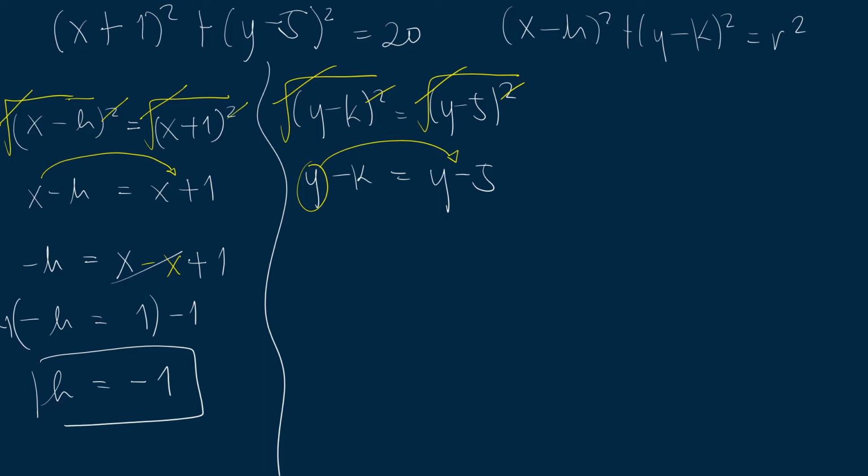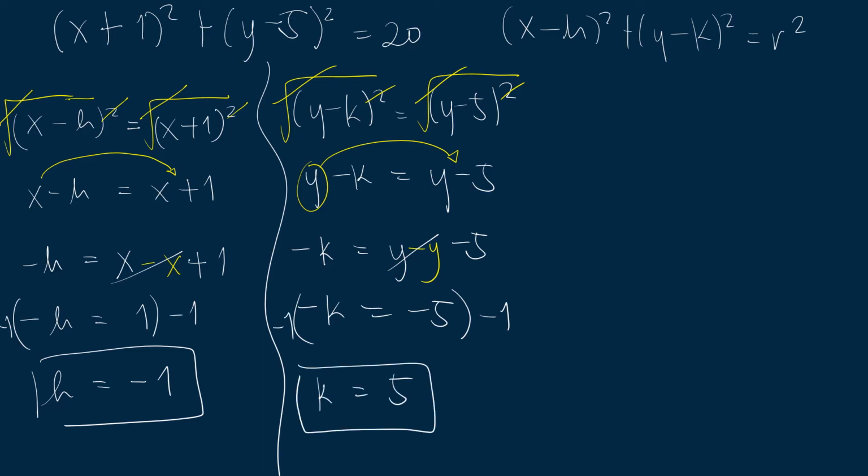From the left, we will have −k = y − y + 5 − 5. So cancel out y − y. −k = −5. Again, multiply both sides by −1 and you will have k = positive 5. So we have already the coordinates of our center, which is (−1, 5).